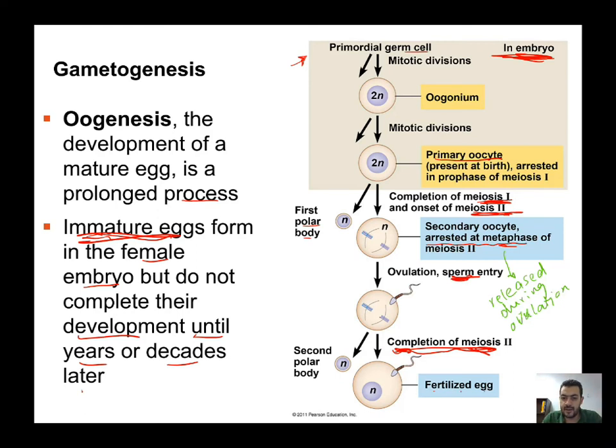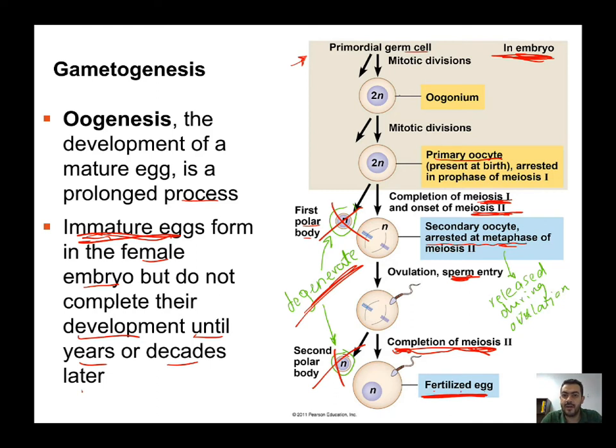So again, this ovulation and fertilization, this fertilization step will result in the release of the second polar body. These two polar bodies are going to degenerate. So what will remain at the end is this fertilized egg.